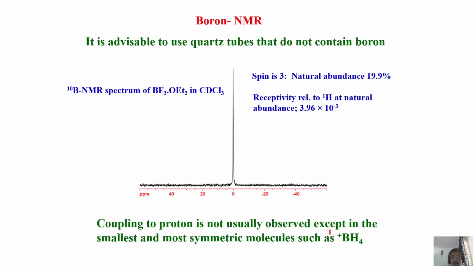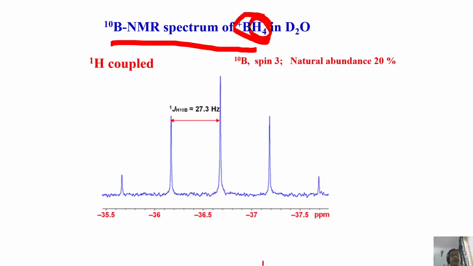Coupling to proton is not usually observed here in the smallest and most symmetrical molecule except in these molecules. So you don't see coupling to protons. But look at here, the boron 10 NMR spectrum of this BH4. H4 is 4 chemically equivalent protons. What you have to do? You have to apply the 2nI plus 1 rule.